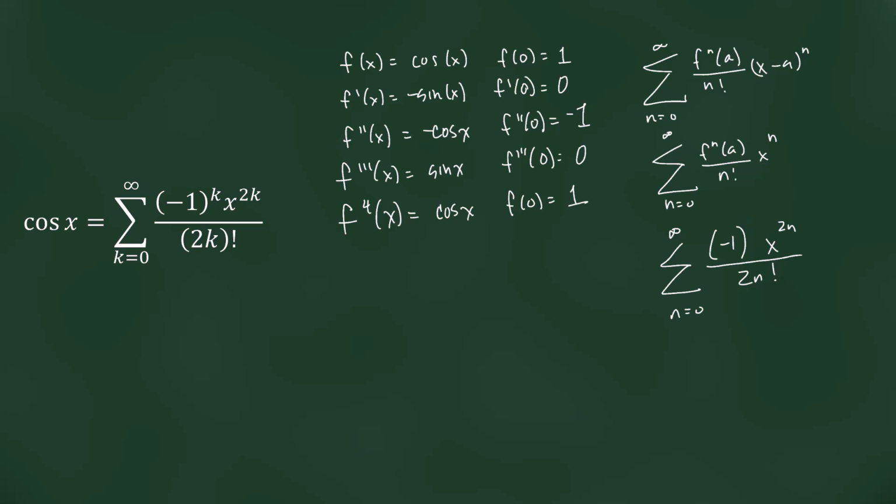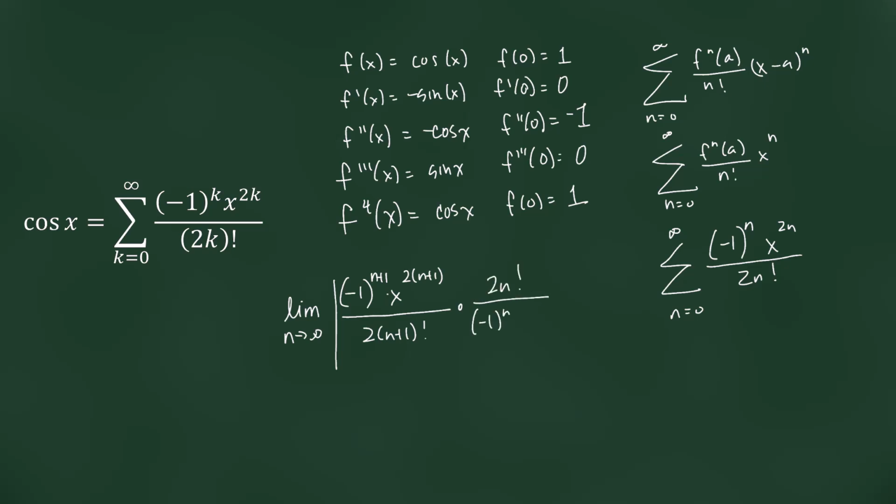So let's examine this and see if we can find our radius or interval of convergence. We're going to examine the limit as n goes to infinity of the absolute value of negative 1 to the n plus 1 times x to the 2 times n plus 1 over 2 times n plus 1 factorial times 2n factorial all over negative 1 to the n times x to the 2n.